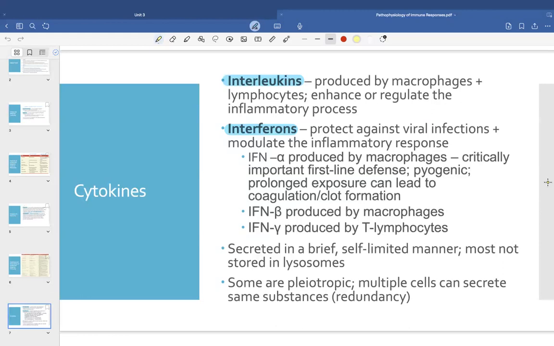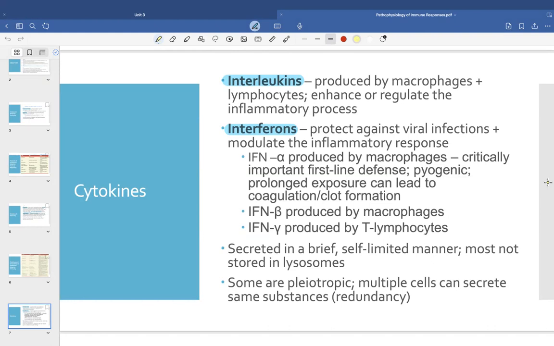Sometimes it's this interferon alpha. Okay, a pro-inflammatory that can start to stimulate the coagulation cascade, which then can lead to microthrombi and consumption of all your coagulation factors. Interferon beta, this is also produced by macrophages, and then gamma is your T lymphocytes.